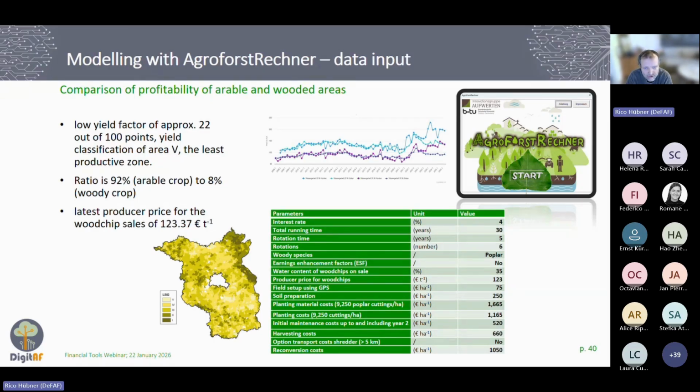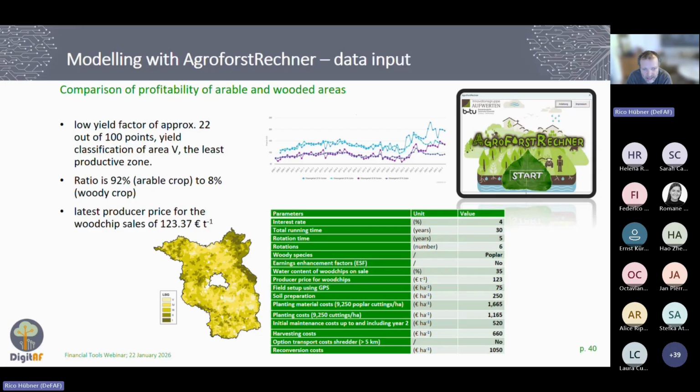We are calculating with an interest rate of 4% over a time of 30 years, and we are defining the rotation of the short rotation coppice to be 5 years, so we have a total of 6 rotations. We are using poplar as the main tree species, but various others are also in the program.